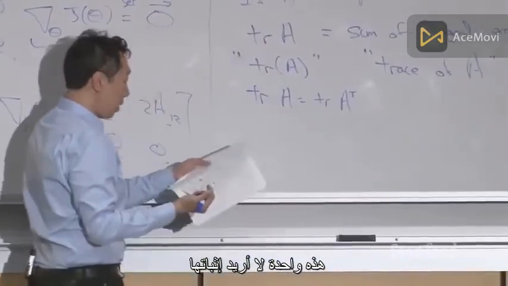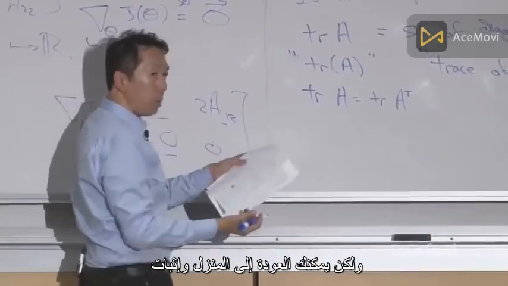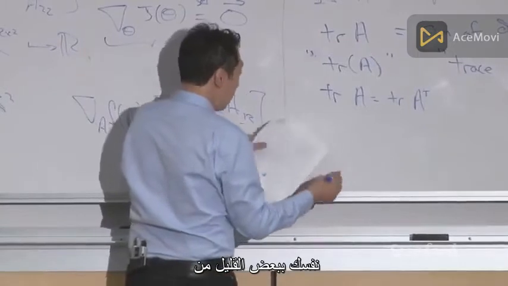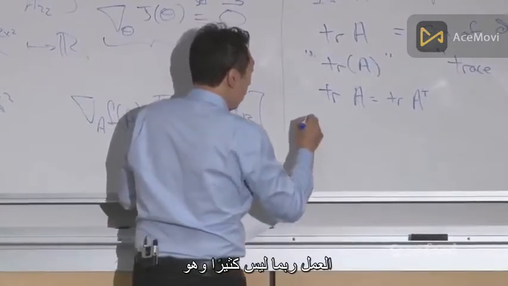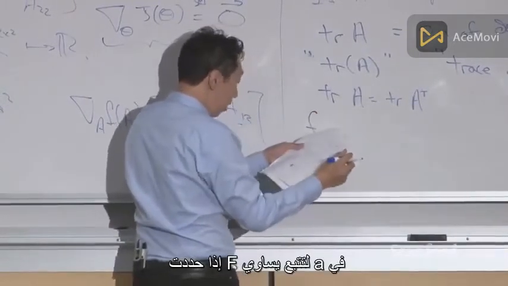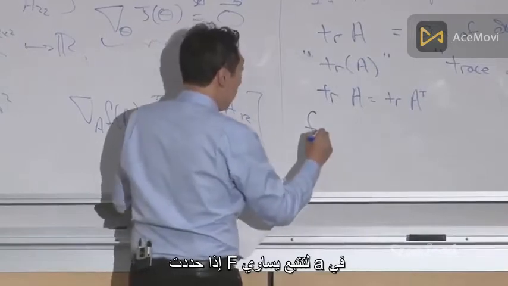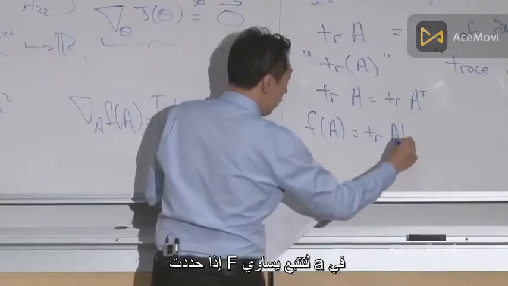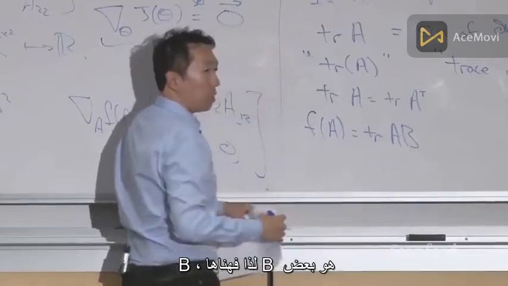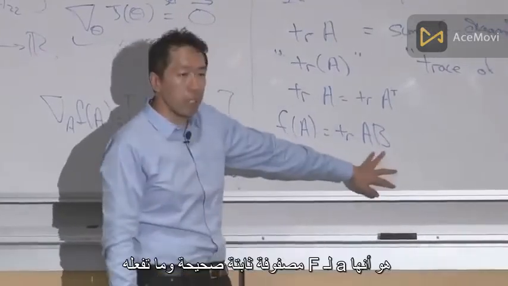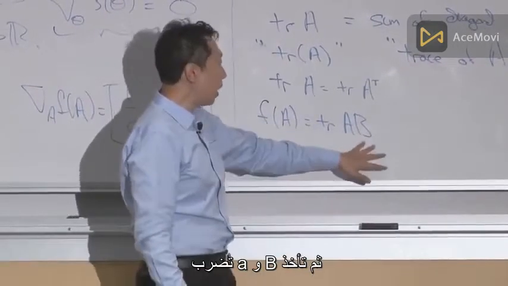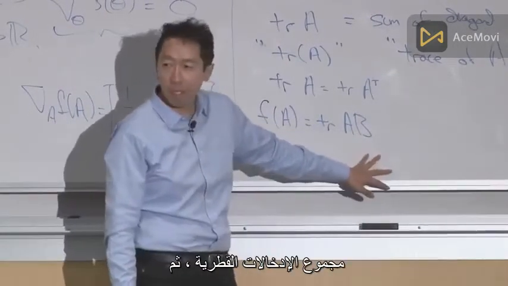Here's one that I don't want to prove, but that you could go home and prove yourself with a little bit of work, maybe not too much. If you define f of A equals trace of A times B, where B is some fixed matrix, what f of A does is multiply A and B, and then take the sum of diagonal entries.